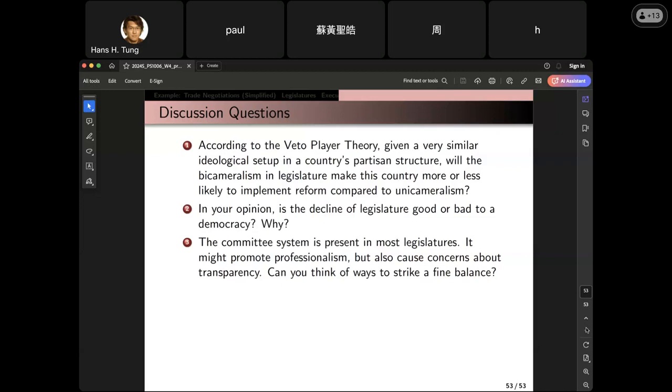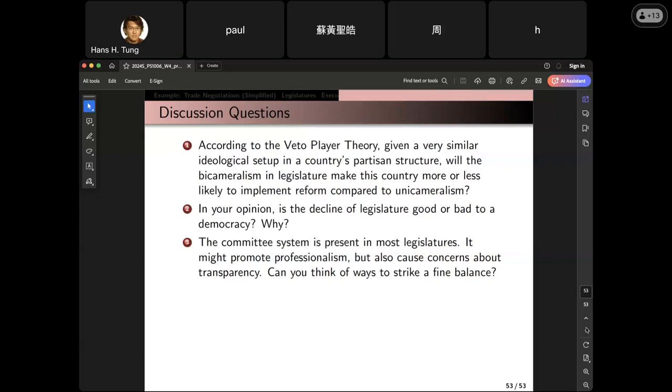But the final one is also quite interesting. The committee system, as we just went through in the details of each country, all the countries have committees in their legislatures. For the same reason, that technological advances are now so vast, legislatures also have to divide labor among themselves.